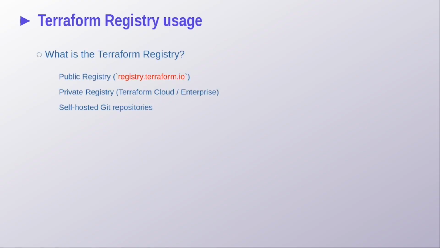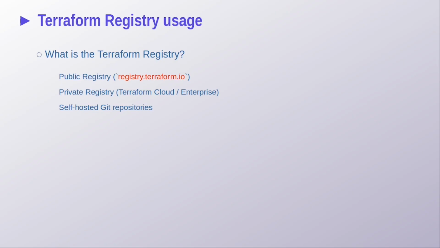Terraform registry usage. What is a registry? A registry is a central place to store modules with their versions and documentation. There are three types of registry. First, the public registry.